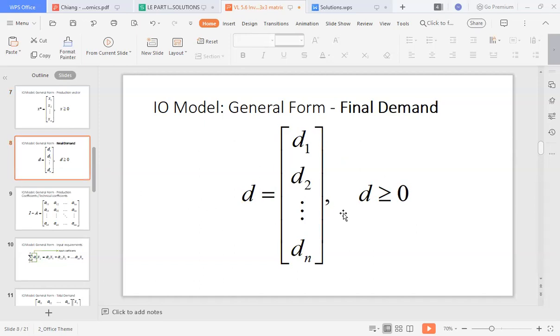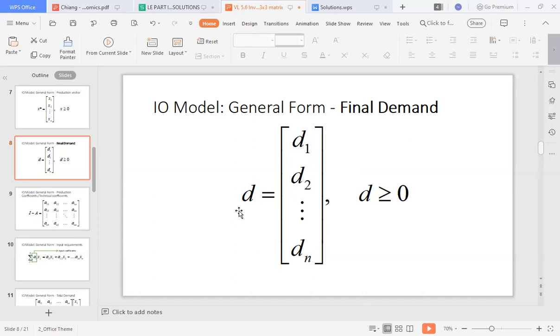In this case, class, when you see final demand, this is the total final demand by consumers in money terms for the output of industry. Let's just say the manufacturing industry or either of these three sectors or industries. It is fixed at D1, D2, and also D3 here.